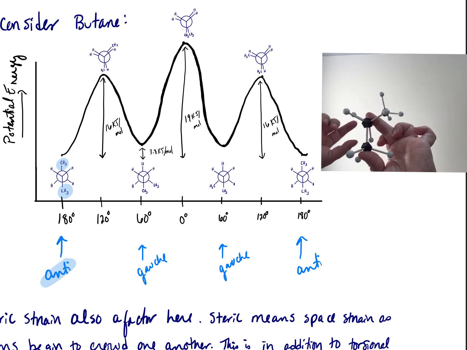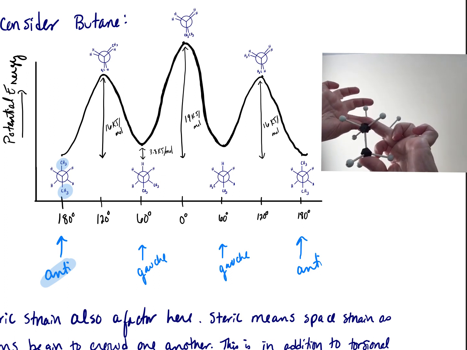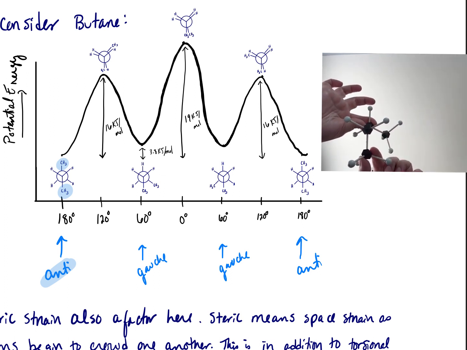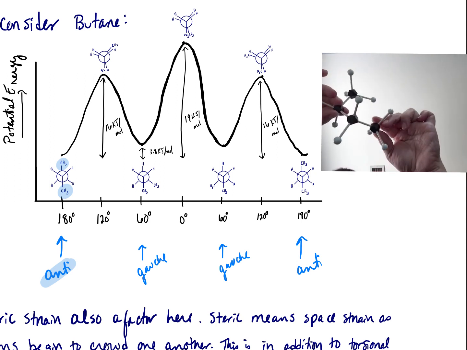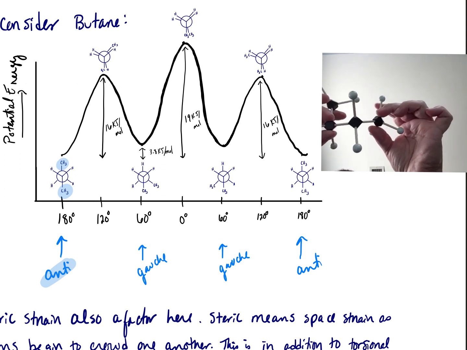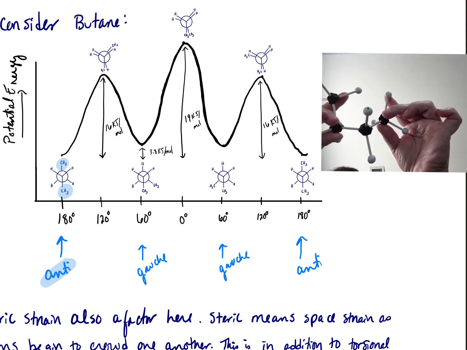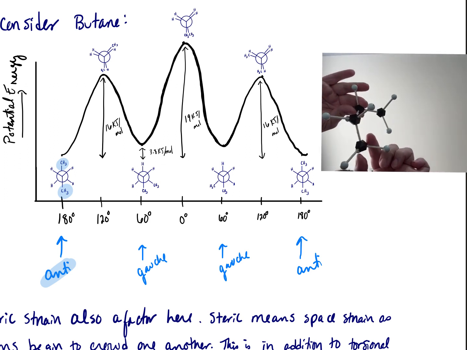Now, the next thing that I'm going to do is rotate one more over. Now, this is a staggered conformation. But the staggered conformation has a CH3 down here and a CH3 over here. Now, I'm going to turn this so that you can see it from the other perspective. See how these CH3s are starting to get real close to each other?